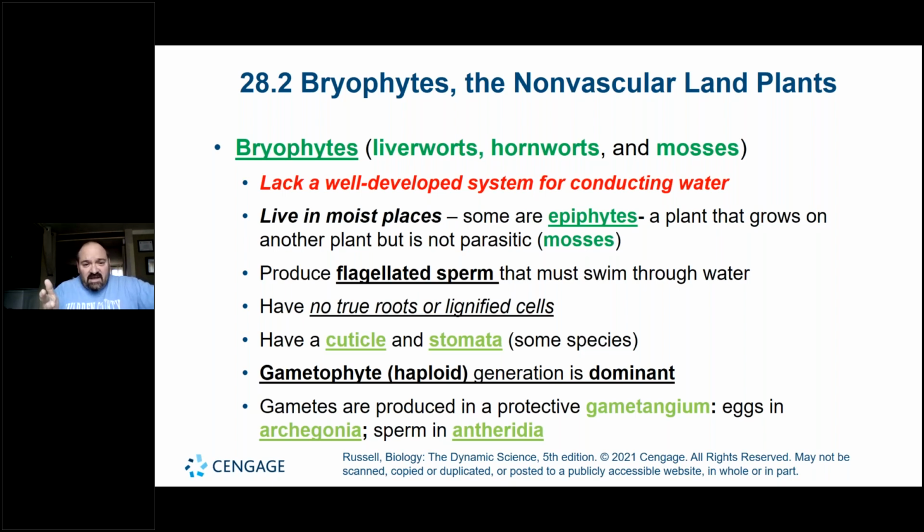As far as the xylem is concerned, moving the water and the minerals and nutrients from the root structure into the plant, as far as vascular is concerned, and then phloem for the movement of the food produced as a result of photosynthesis, from superior to inferior, really going downward into the plant, and that's for vascular. So non-vascular, we don't have those structures present, right? So they need to live in these moist environments.